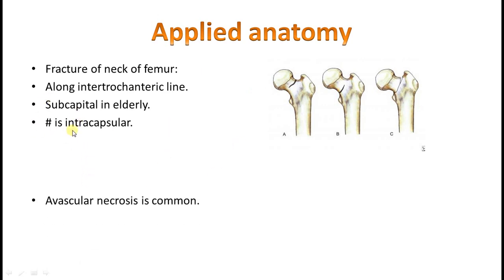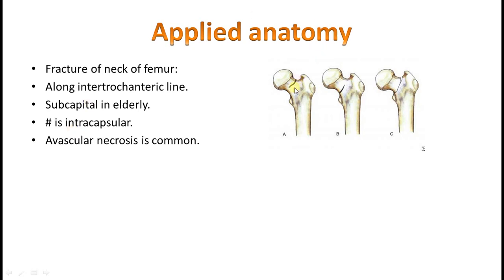So if it is intracapsular, again avascular necrosis is common. The only thing is immobility is advised, and proper splinting should be applied, so that there is fusion. But in the elderly, more than the fracture of the neck, dislocation of the hip is more devastating.